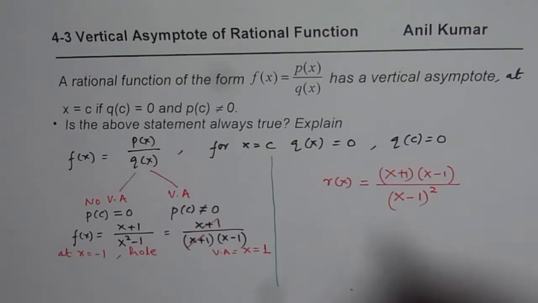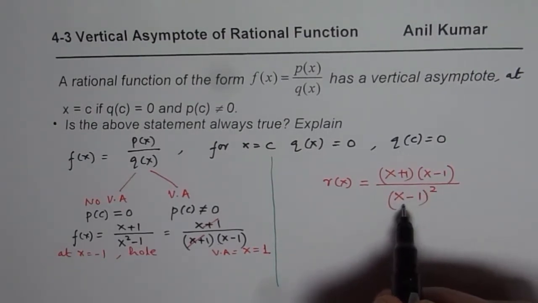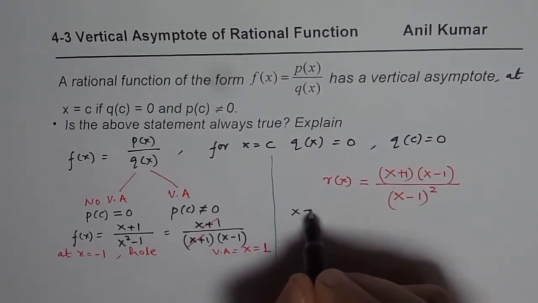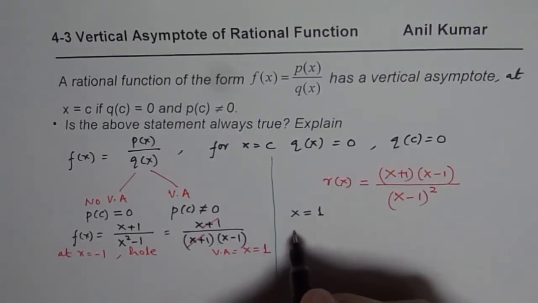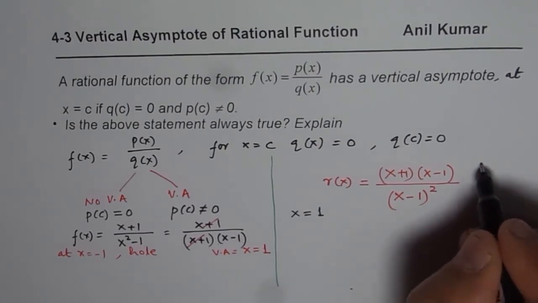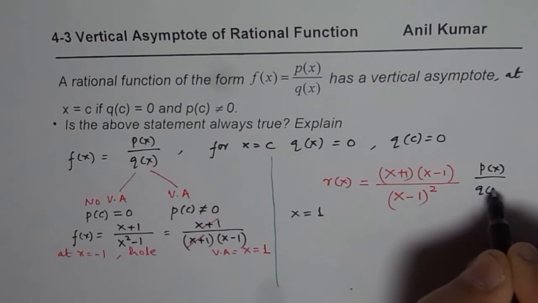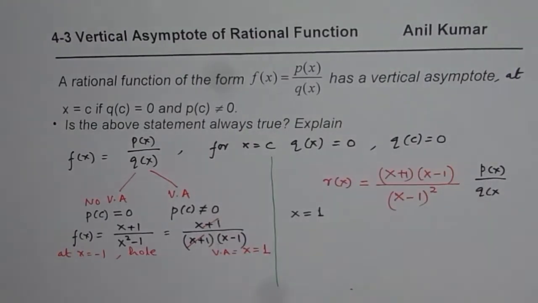Now, will this rational function have a vertical asymptote at x equals 1 or not? Decide about it. So at x equals 1, we have q of c, the polynomial in the denominator, and p of c, the numerator.